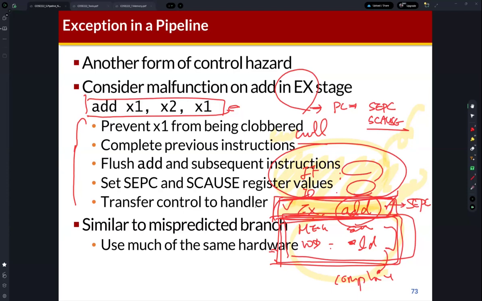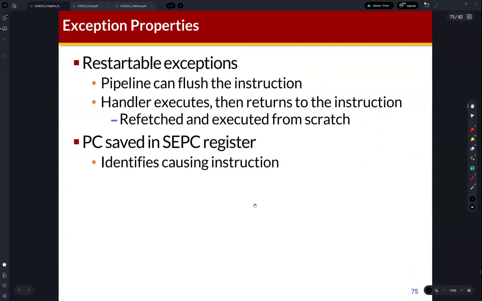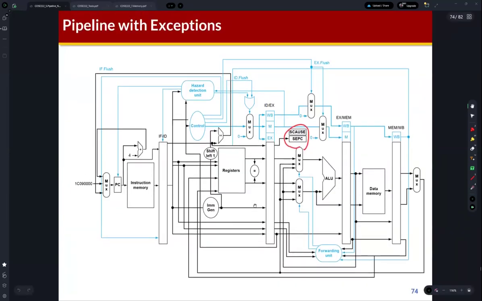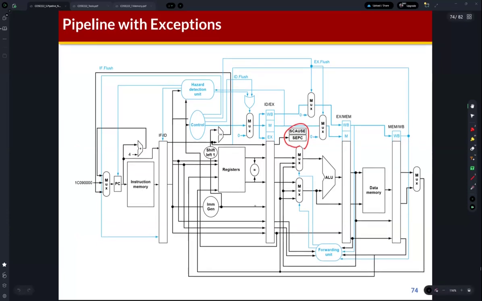Also, the exception is to be handled in the order of instructions, not in the order of the detection time, right? So it's also important. The instruction order means that the processor employs the pipeline architecture, which means that if an exception is encountered in the instruction fetch stage, it can be detected in the instruction fetch stage.